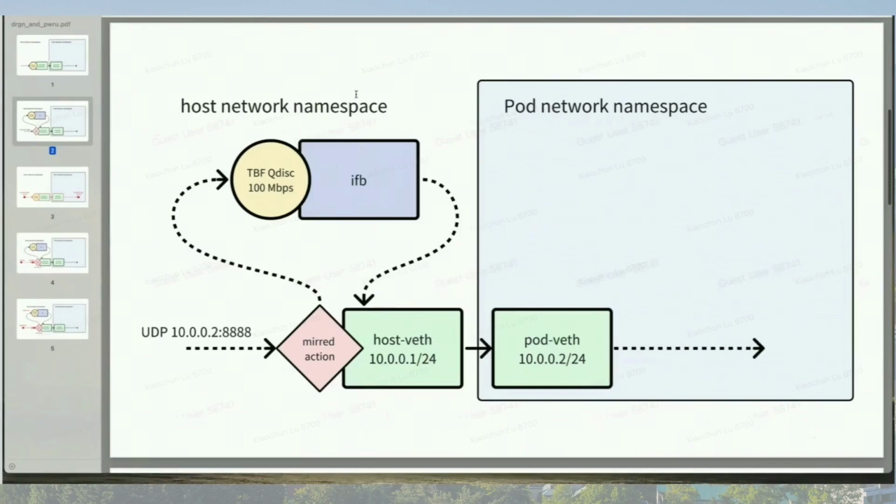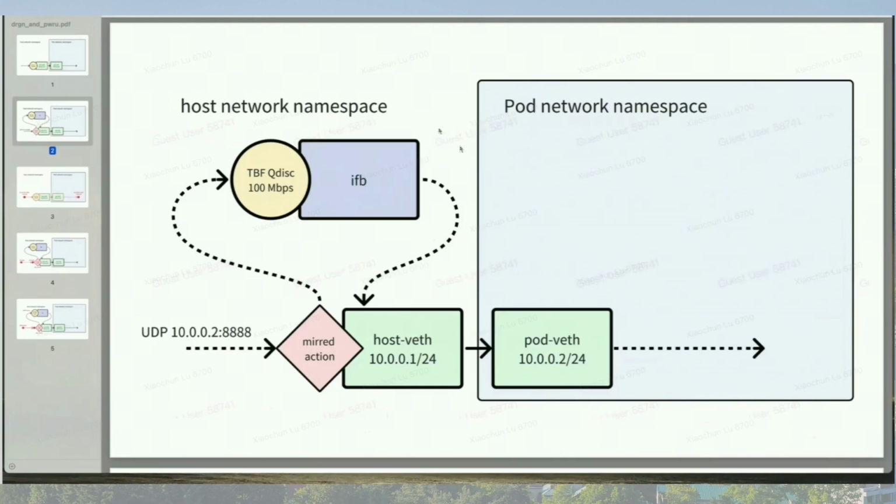So if we are going to do something more interesting, we may use a different design. Instead of installing a TBF qdisc on the host veth, we instead use a TC mirred action, called mirror or redirect action, to redirect all destination port 8888 UDP traffic to an IFB device in the same network namespace and use a TBF traffic shaper there. So in this way, we can choose which kind of traffic we'd like to rate limit.